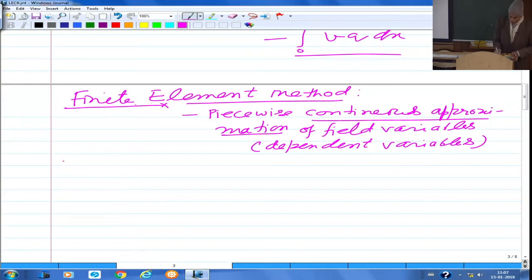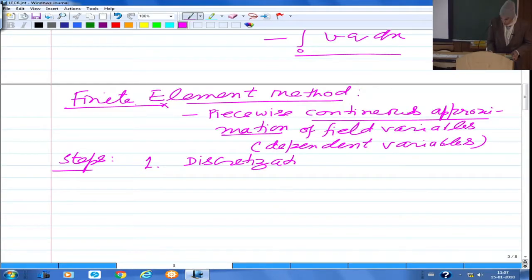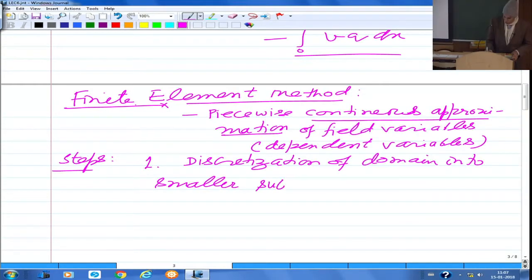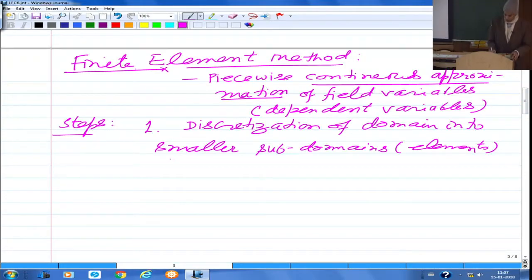So if you look at usually the steps, the first step is obviously you have to discretize the domain into smaller subdomains. So the first step is discretization of the domain, that is the entire domain, into smaller subdomains, and these subdomains are what we call elements, finite elements to be more precise, and these finite elements are connected by nodes.